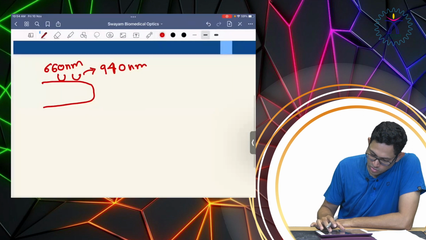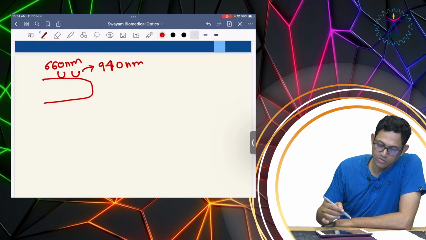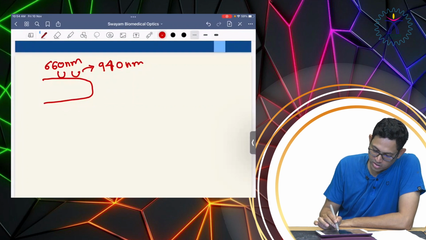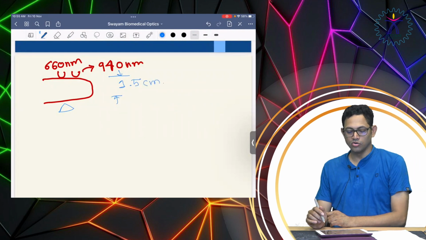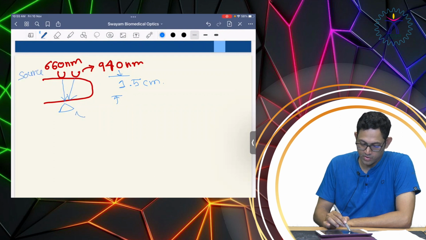These are the two different wavelengths of the two LEDs, and then you have a detector here at the bottom. The thickness of this finger is to be assumed as around 1.5 centimeter. The light propagates through this and then interacts with the detector. This is the source at the top, and at the bottom we have the detector.